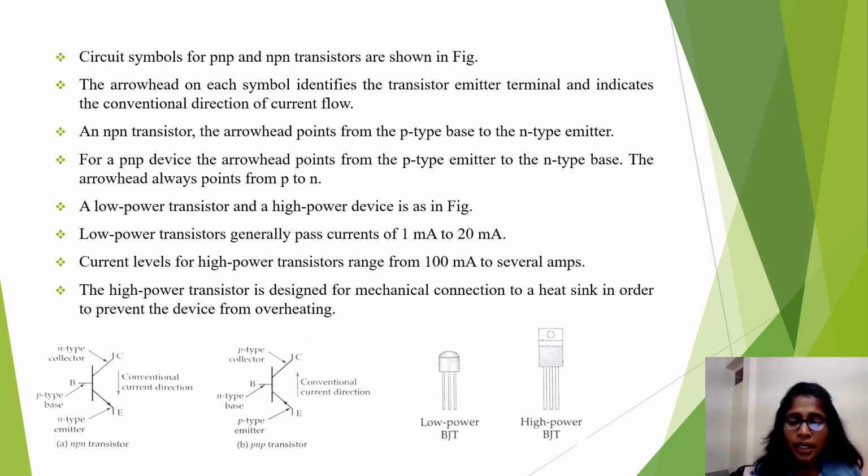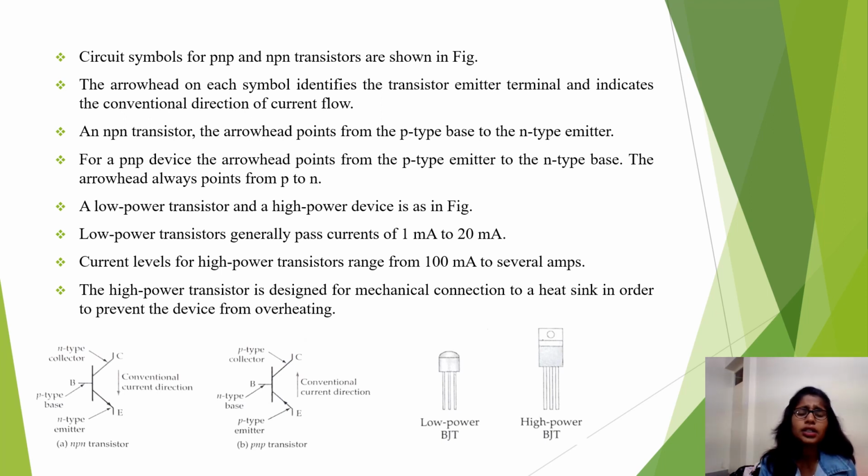In BJT, there are two types of transistors, low power transistor and high power transistor. These are shown in these figures. A low power transistor generally passes current from 1 milliampere to 20 milliampere. Current from a high power transistor ranges from 100 milliampere to several amperes.